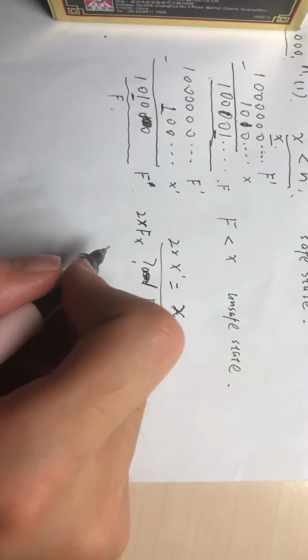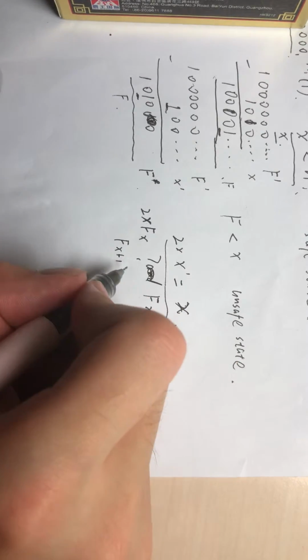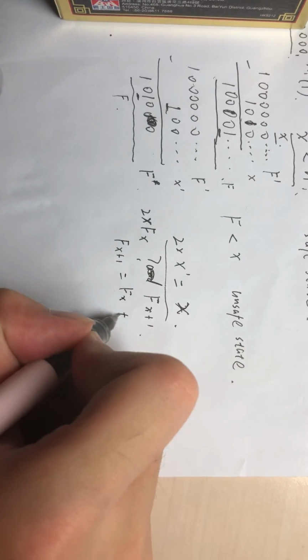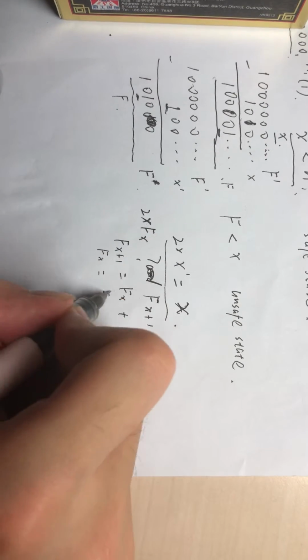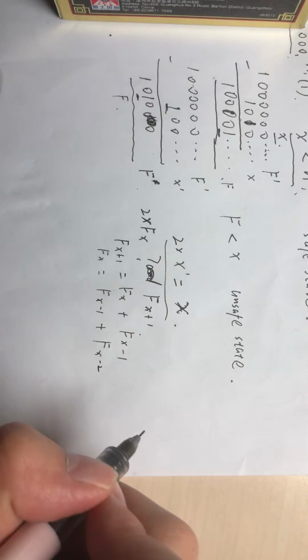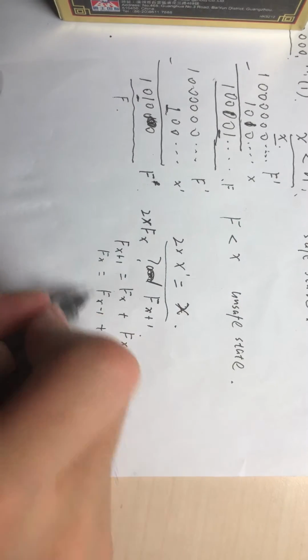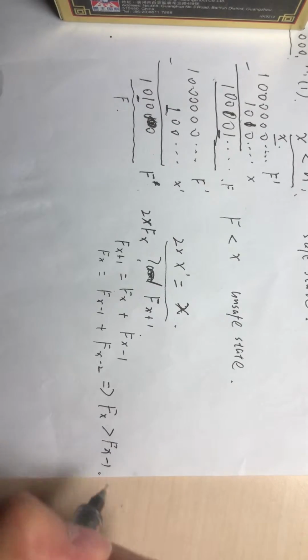by the definition of Fibonacci number. We know that fx plus 1 is equal to fx plus fx minus 1, and fx is equal to fx minus 1 plus fx minus 2. So fx is bigger than fx plus 1.